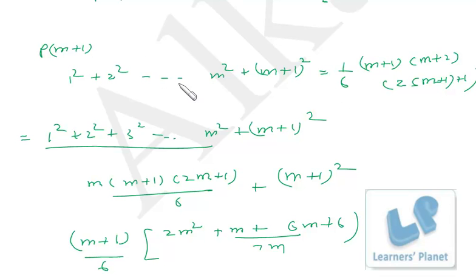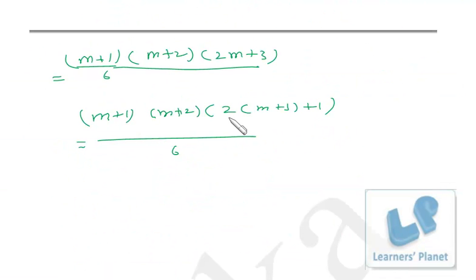Okay, that we had to prove, and that we have proved. Okay, so Pm plus 1 is true. Okay, so Pm plus 1 is true whenever Pm is true. Okay, so hence by the principle of mathematical induction, the given result is true for all n belongs to N.